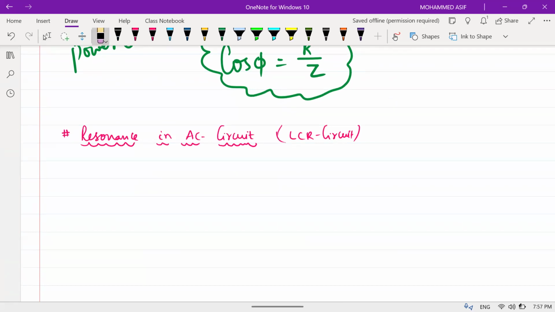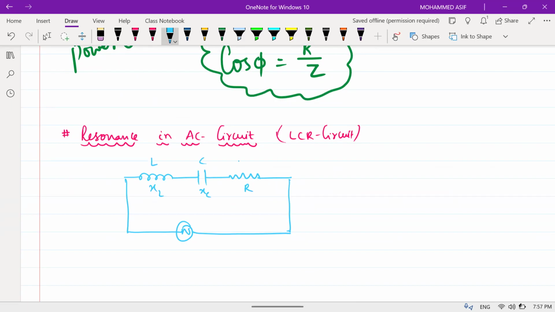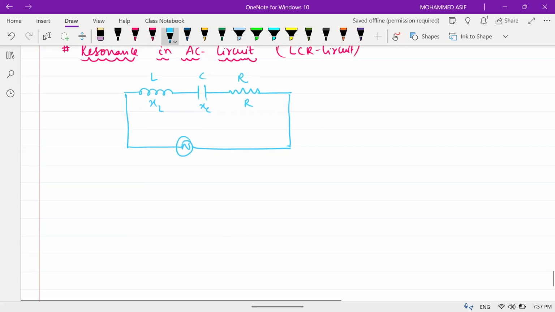I'll take the inductor first, then capacitor, then resistor, connected to your alternating source of EMF. So this is your XL, this is your XC, this one is your R. Inductor, capacitor, resistor. Clear?